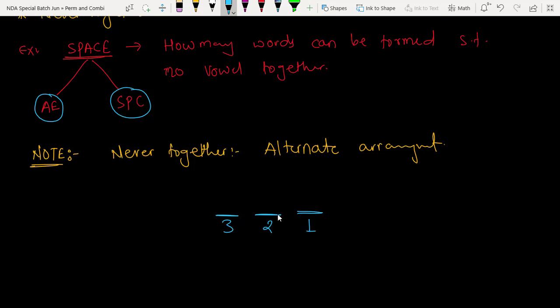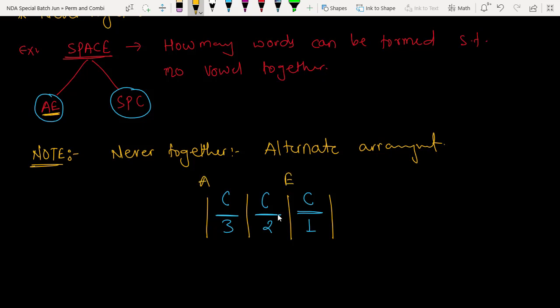Now see, यहाँ पे एक consonant आ गया, यहाँ पे एक consonant आ गया, and यहाँ पे एक consonant आ गया. Now because of these 3 consonants you have created 4 distinct places for the AE. If you fill the AE on any of these yellow lines, you will see that none of the vowels is together. यहाँ पे A डाल दो, यहाँ पे E डाल दो.